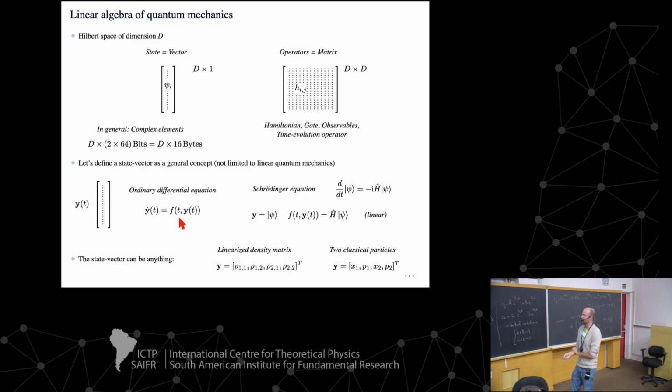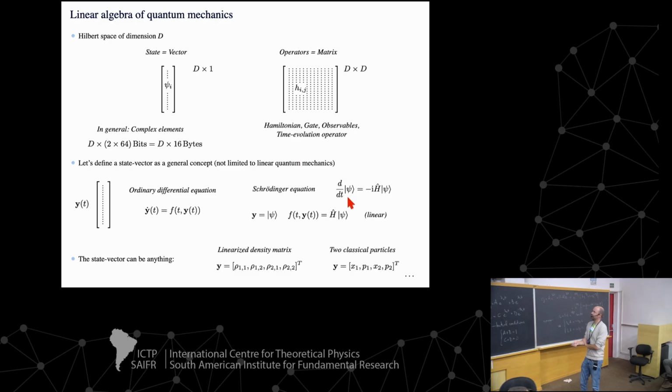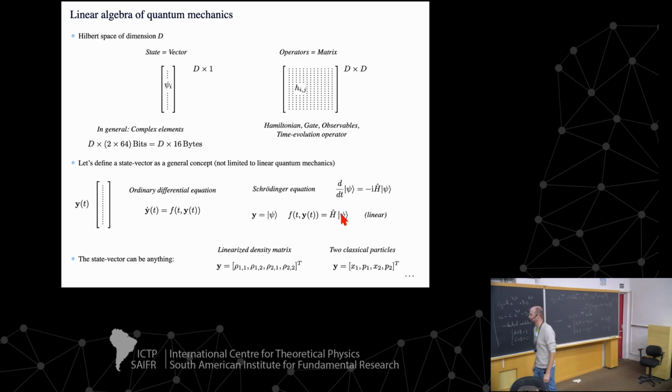So the function on the right-hand side of the equation can depend on the state itself. We will also see this later, in particular if one makes mean field approximations. And the Schrödinger equation is just a linear equation, a subclass of this type of equations, because here my function on the right-hand side is simply a Hamiltonian, a matrix multiplied with a vector, so it's a linear equation.